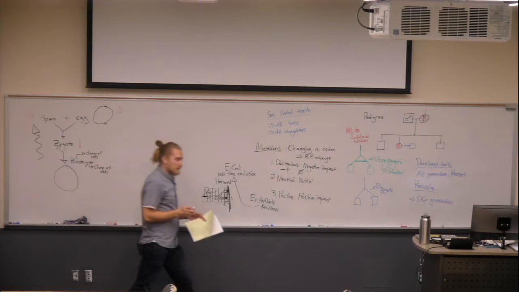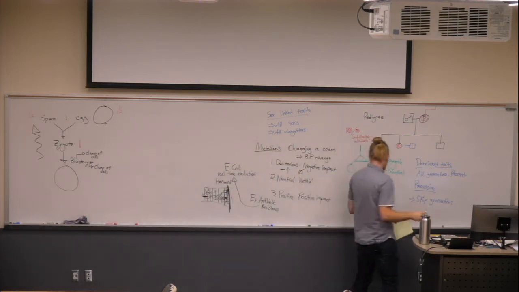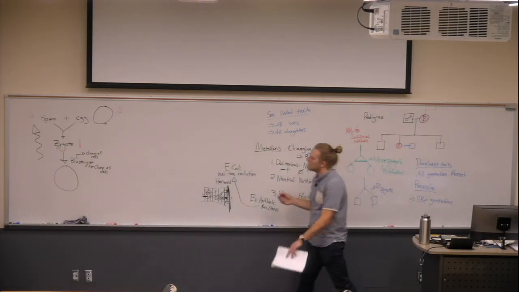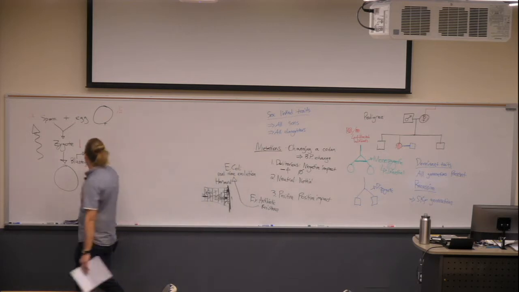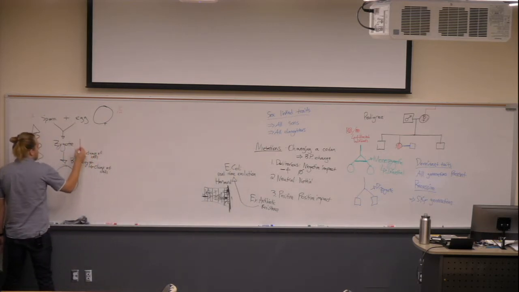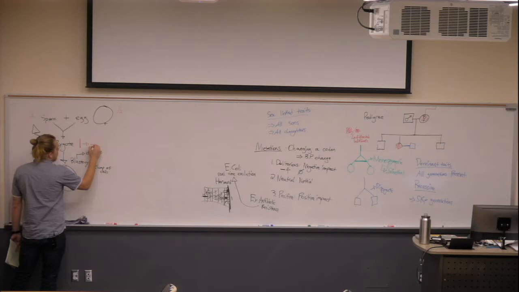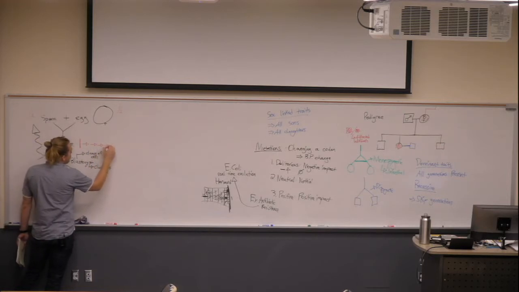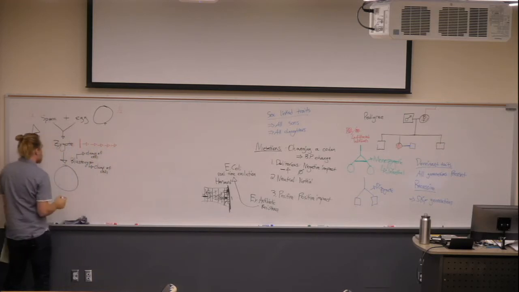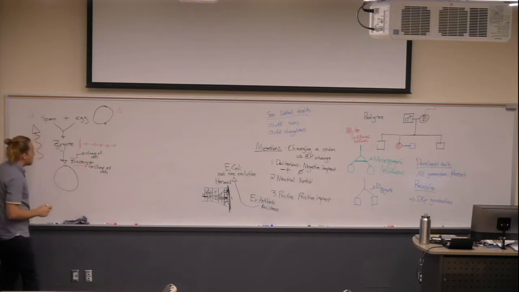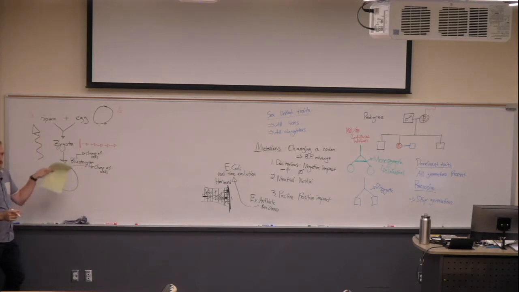Together they make 46. So this zygote is one cell. And then we go through a bunch of multiplication, and end up at a blastocyst. A blastocyst has many cells by number.